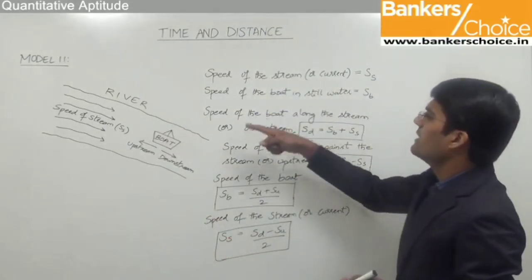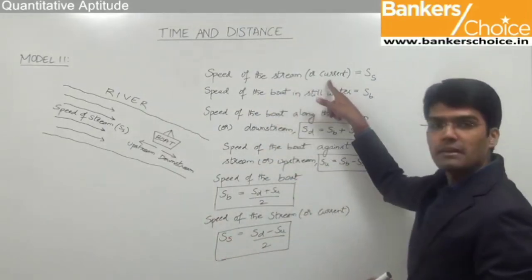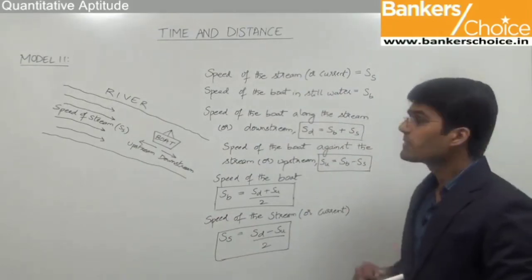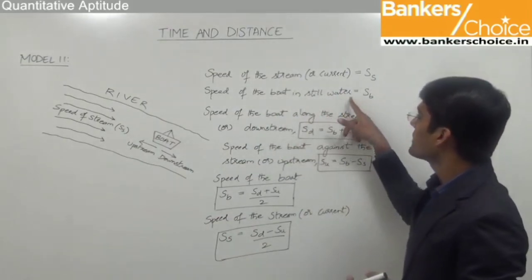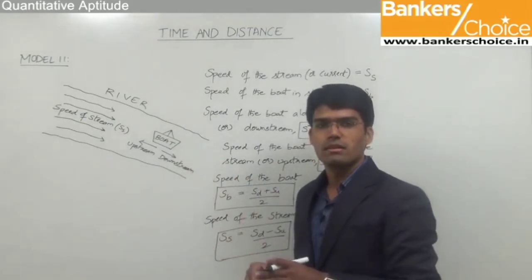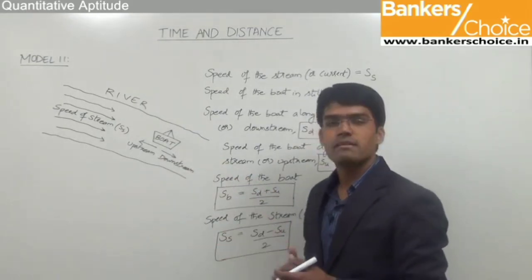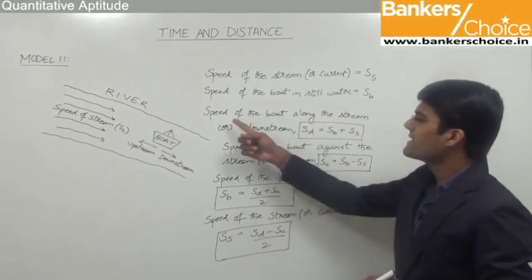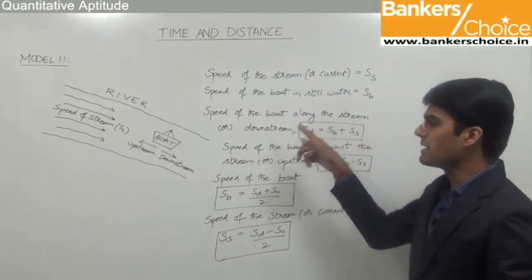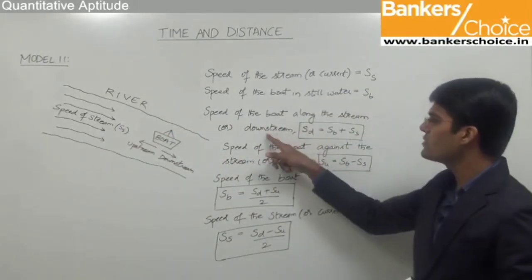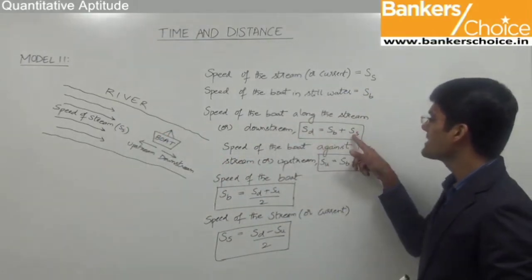Now as given here, the speed of the stream or the current, or it can also be called the speed of the river, is equal to SS. The speed of the boat in still water is SB. That means when this boat is kept in still water, nothing but a lake, then it can be moving at a speed of SB. So here we can say that the speed of the boat along the stream, nothing but downstream, should be taken as SB plus SS.